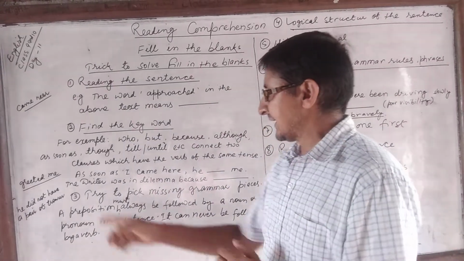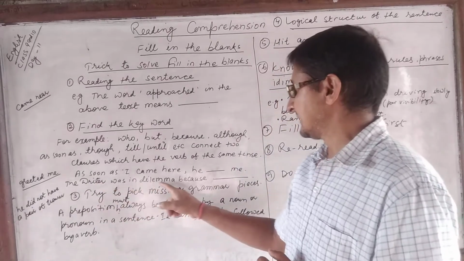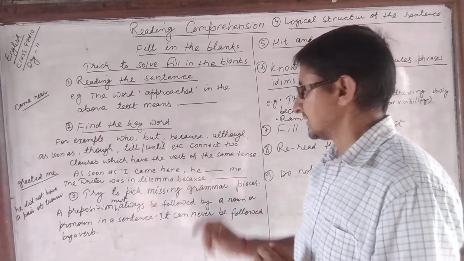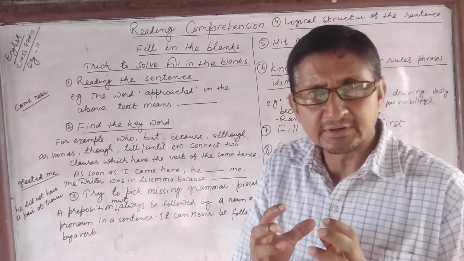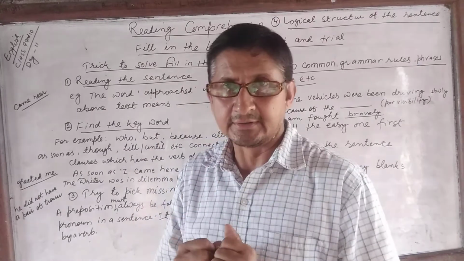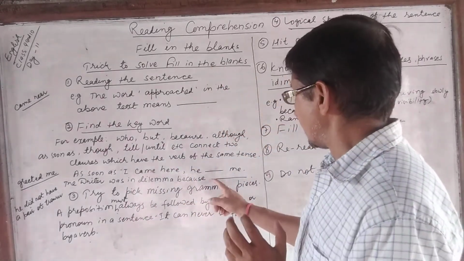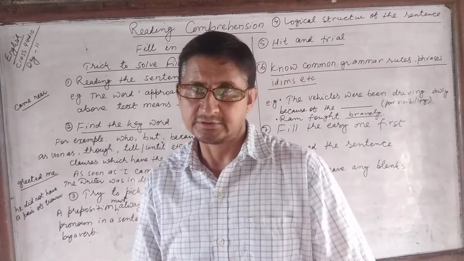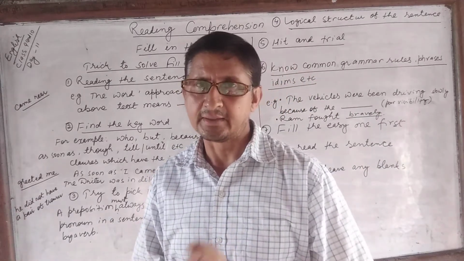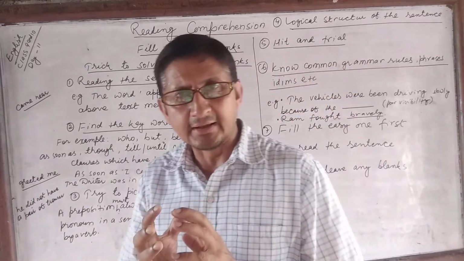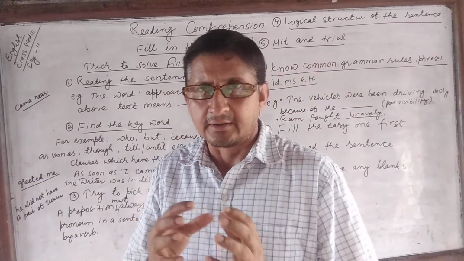Let's see another example. The writer was in dilemma because, here is the word because. If there is the word because, it adds reason. You have to fill up with a reason after because. In this way, with the help of the keyword, you have to find out the word for the blank.